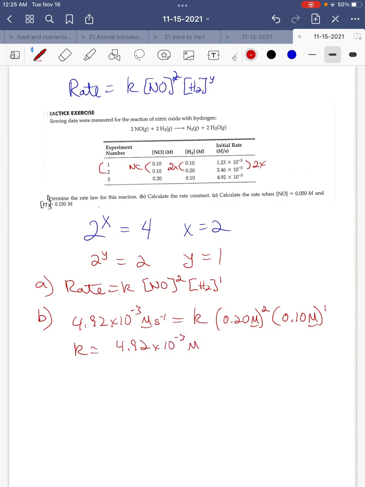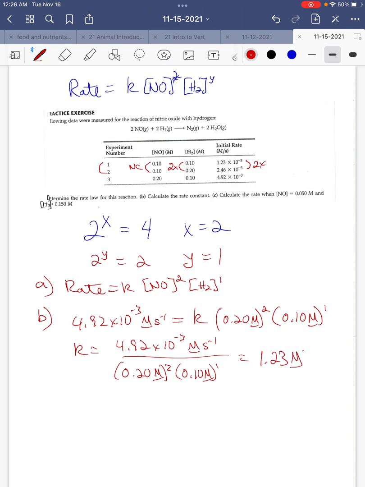So K equals 4.92 times 10 to the minus 3 divided by 0.2 squared divided by 0.1, which is 1.23.